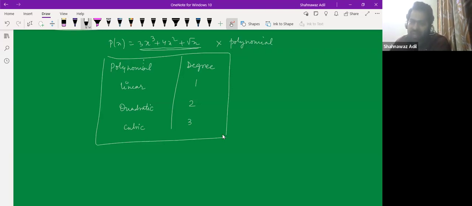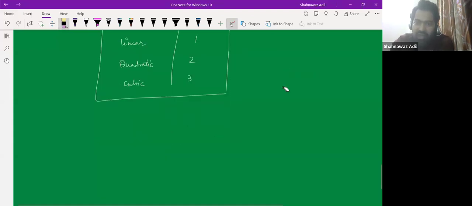And we'll see in the third chapter ax plus by plus c, that is the linear polynomial, or this is the equation, with two variables x and y. So yeah, we'll talk about them.